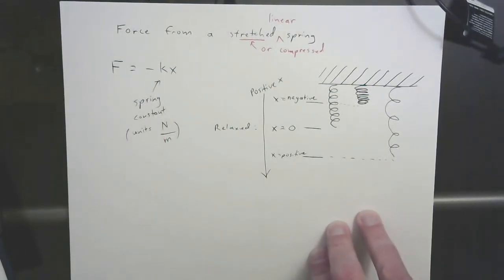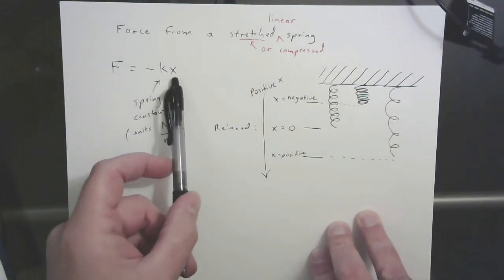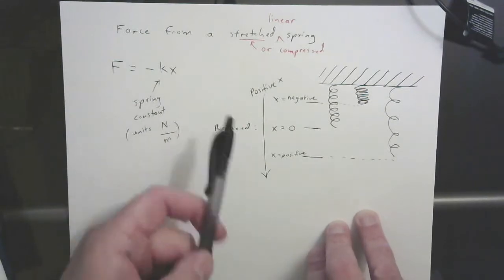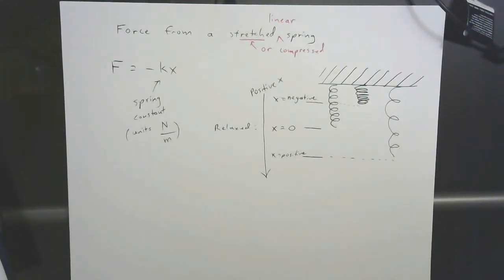For that spring constant, it's going to depend on what kind of spring you've got. So you've got to calibrate your spring. X is displacement, that's distance, but it's a special one. It's going to be along the stretchy axis of the spring. And it doesn't really matter which direction you think positive X is in. It's going to work out either way.